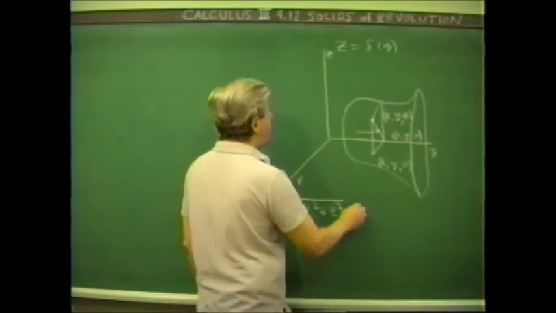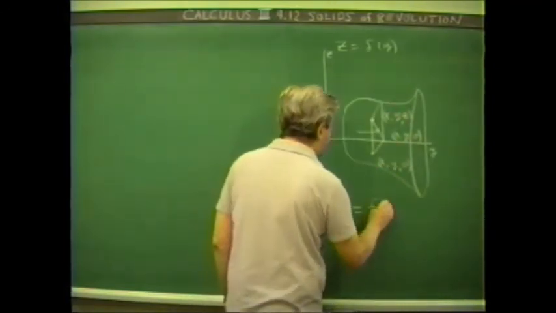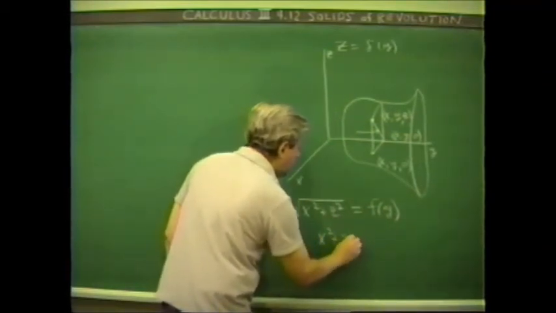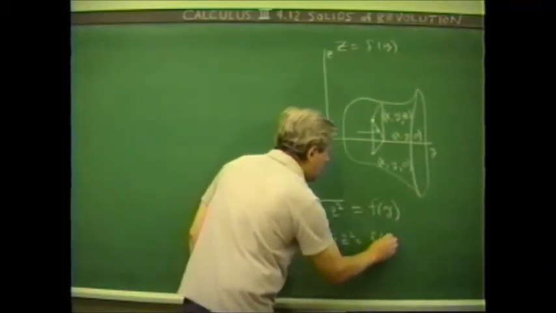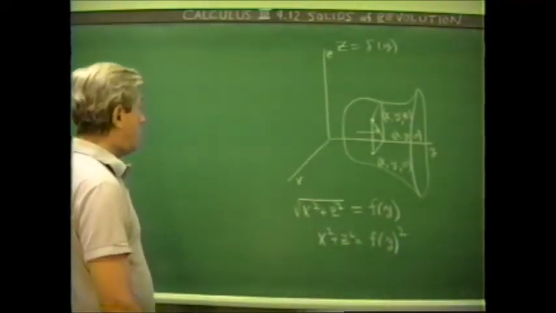This must be equal to the value of the function up here, namely f of y. Or if you like, x squared plus z squared is f of y squared.